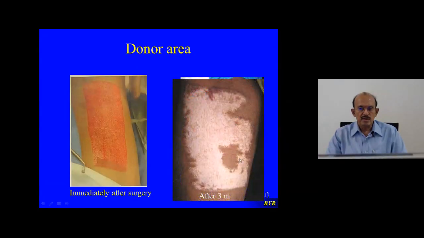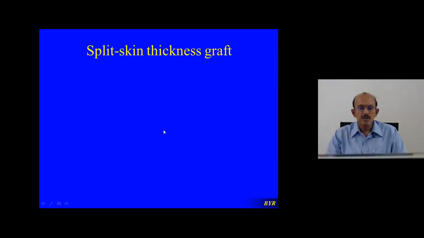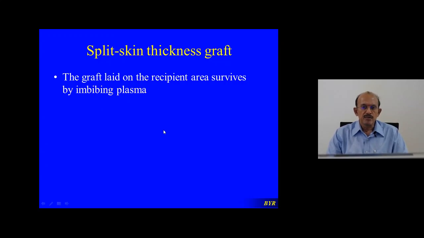This is after 3 months. Still after 3 months or 6 months, you can see there will even be pigmentation. So that is about the donor area. The donor area after a split skin thickness graft is taken heals by regeneration and epithelialization.